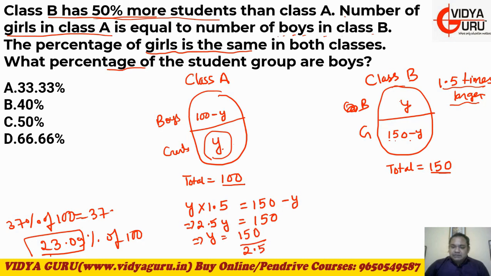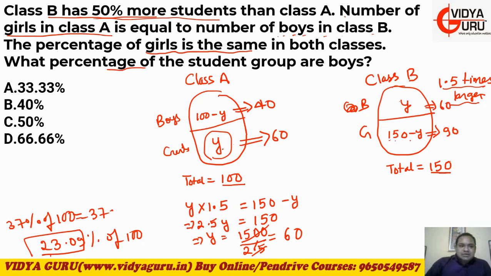So 2.5 into 6 is equal to 15. So Y comes out to be equal to 60. Things are clear now. 60 girls, 40 boys, and here 150 minus 60, that is equal to 90 girls. So 150 minus 90, 60 boys.